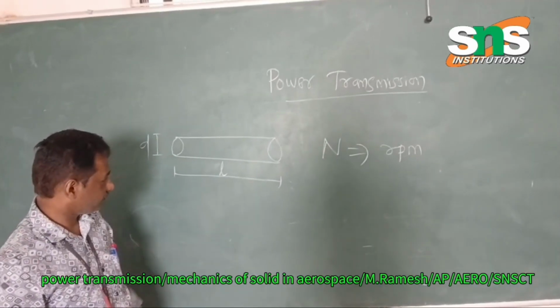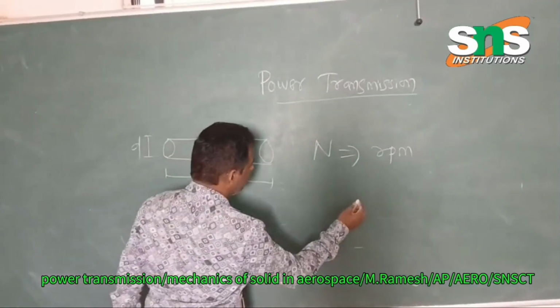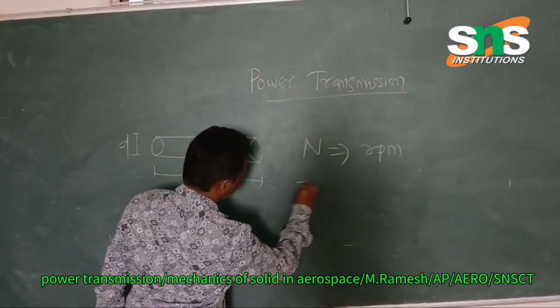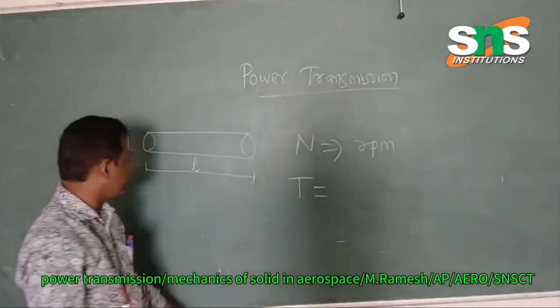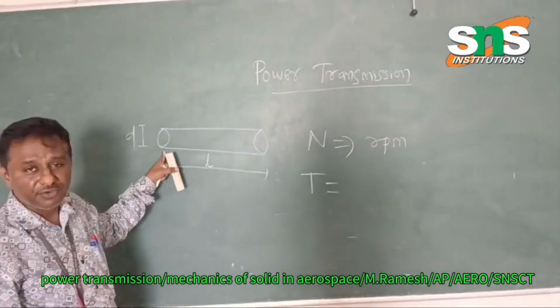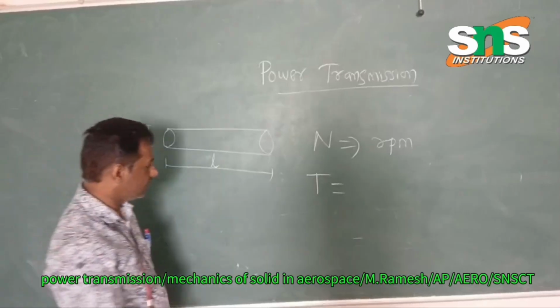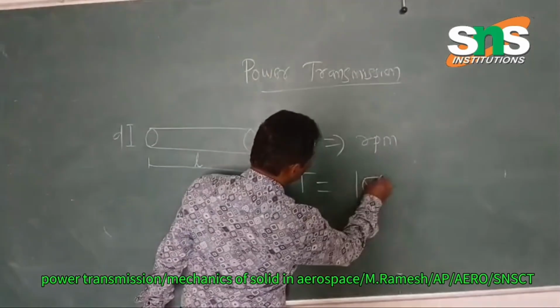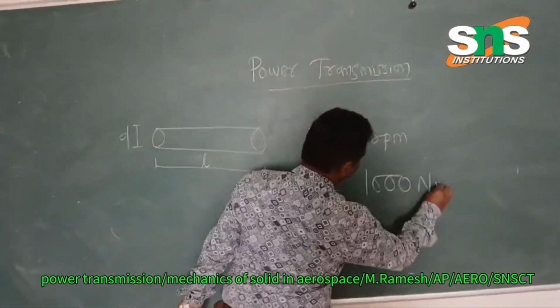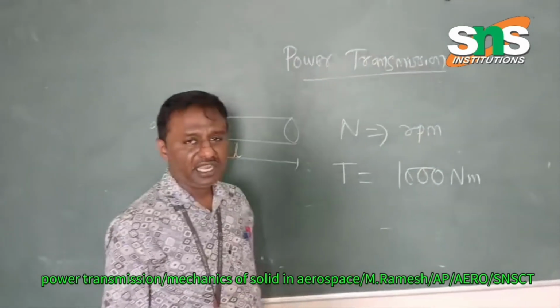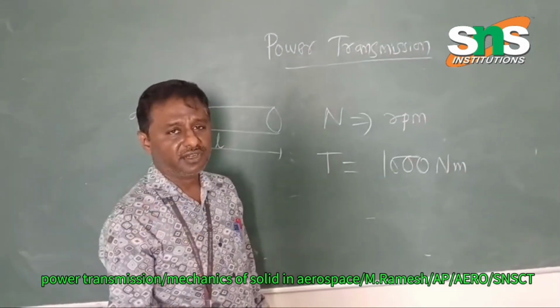How are we going to find the power transmission? The torque produced by the force acting on it is around 1000 Newton meter. If this is given, how can we find the power transmission?